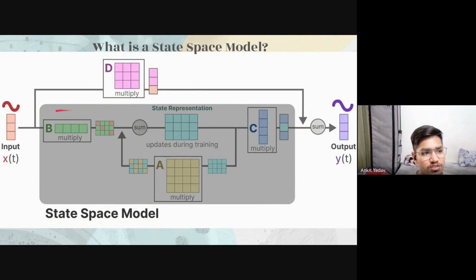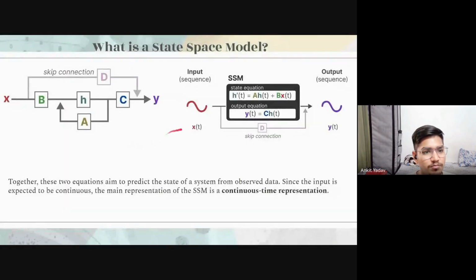So this is how this state space model works. In terms of equation, for now we'll ignore this skip connection because that's not a hardcore part of this equation. The required part is just h_t, which is produced with this equation, and then using this h_t, I'll produce y. So this is the thing with state space model.